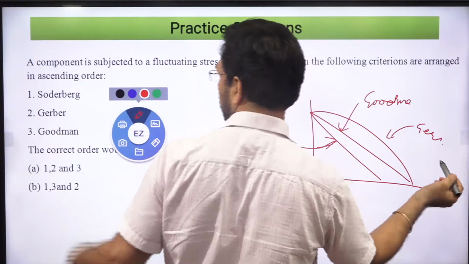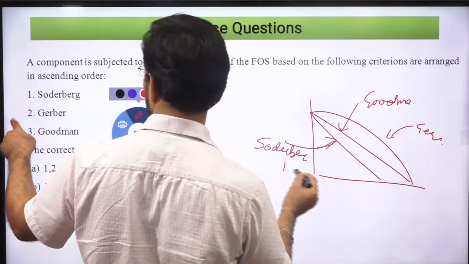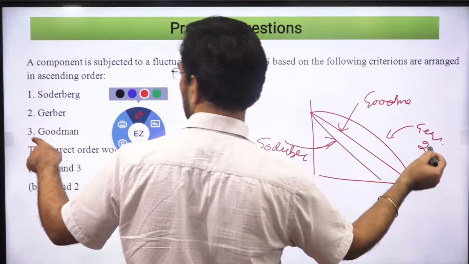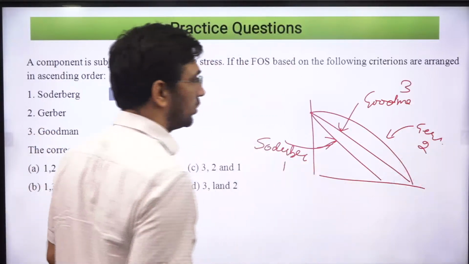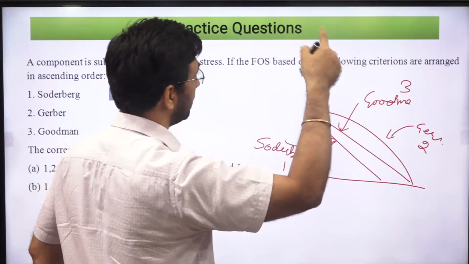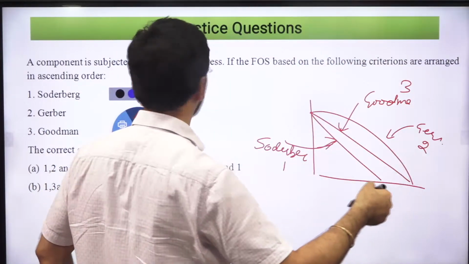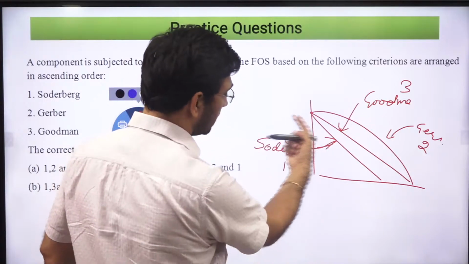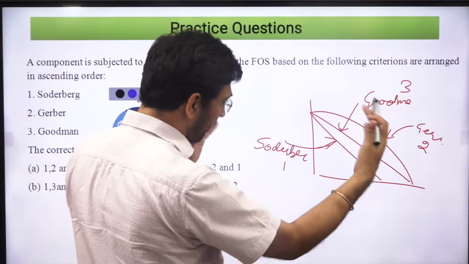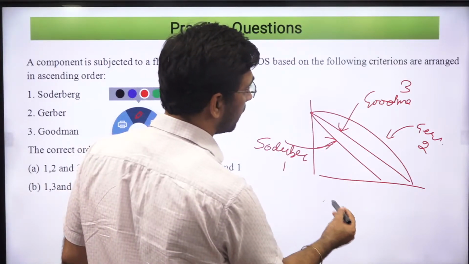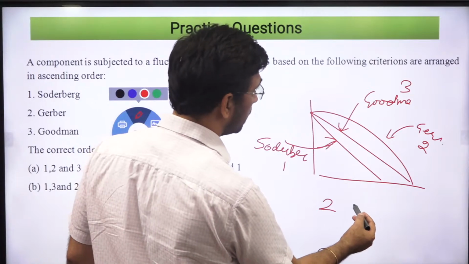Now see, he has given me Soderberg 1, Gerber 2, Goodman 3. So you should have the sequence in ascending order. You are safe by the larger amount in which case? In Soderberg. So you should go by 2, 3, 1.